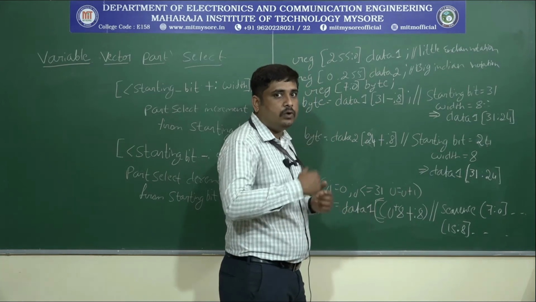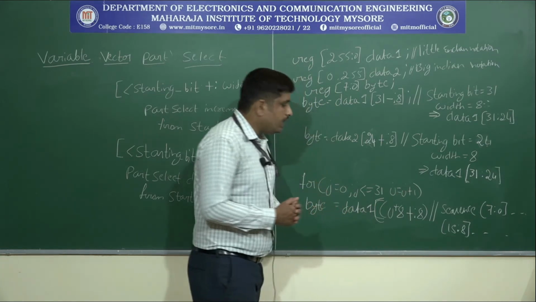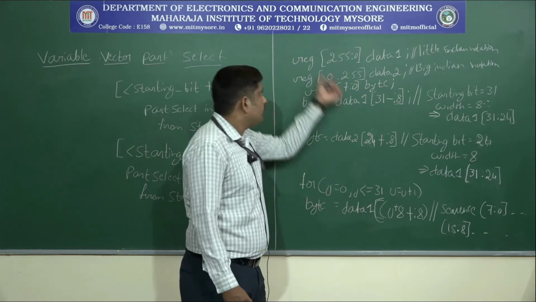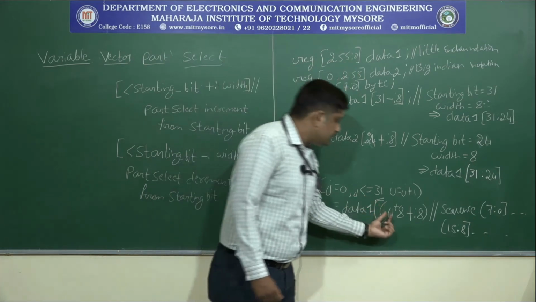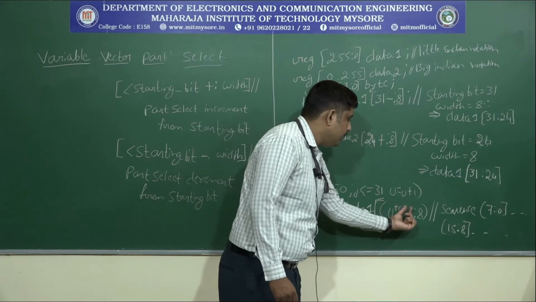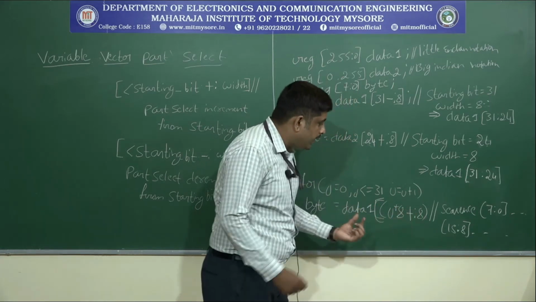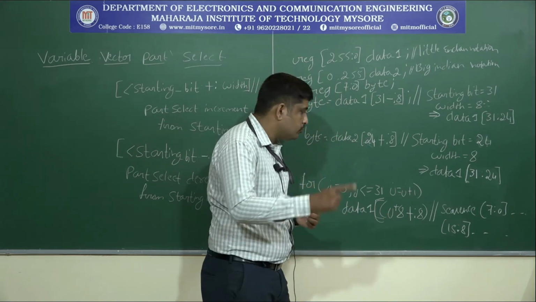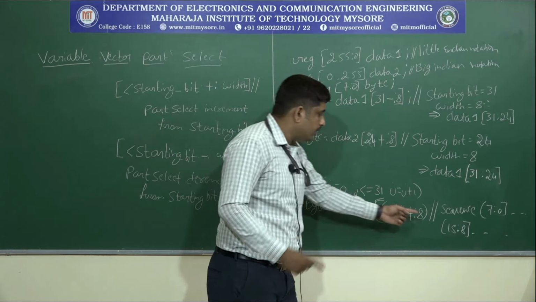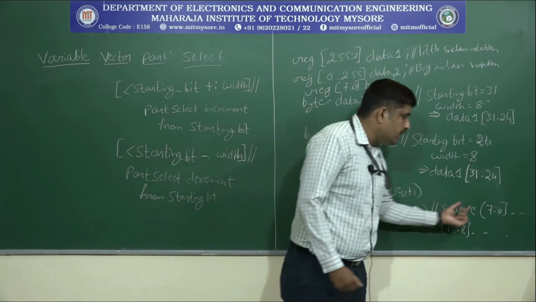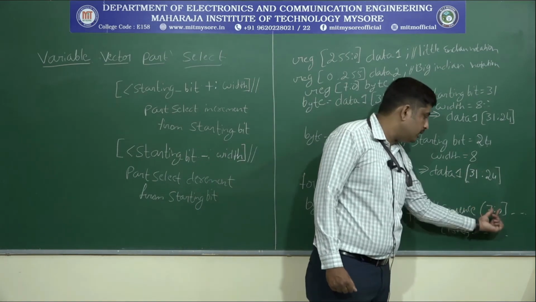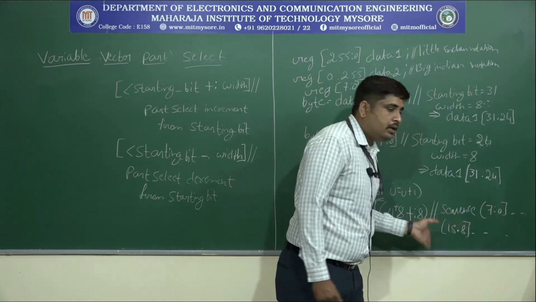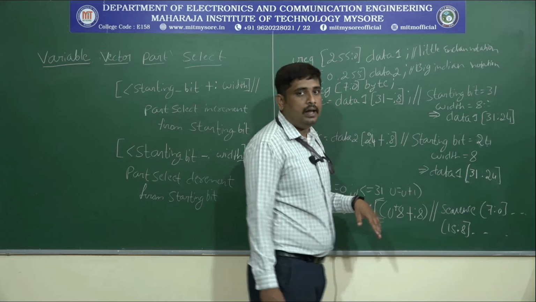So j continuously increments. Next, consider the equation byte is equal to data 1, j into 8 plus colon 8. The starting address should be continuously incremented, and the width is 8 bits. So the first sequence is 7 colon 0, the next is 15 colon 8, and it keeps repeating.